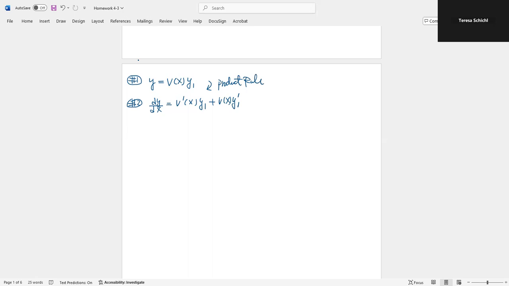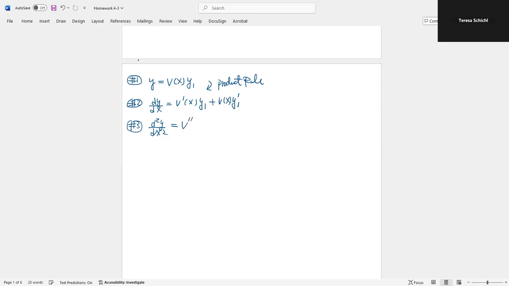Now I'm going to take the second derivative. Like I said, the steps are almost always the same when you use the reduction method. The second one is d squared y over dx squared. We need to be a little careful because v prime of x times y1 needs the product rule again.